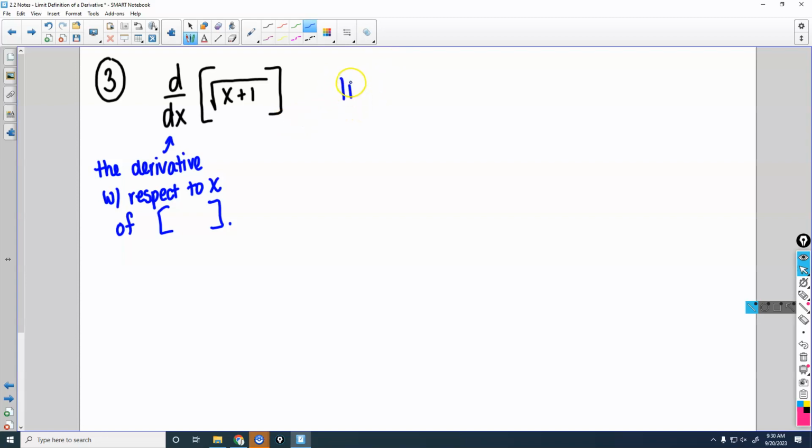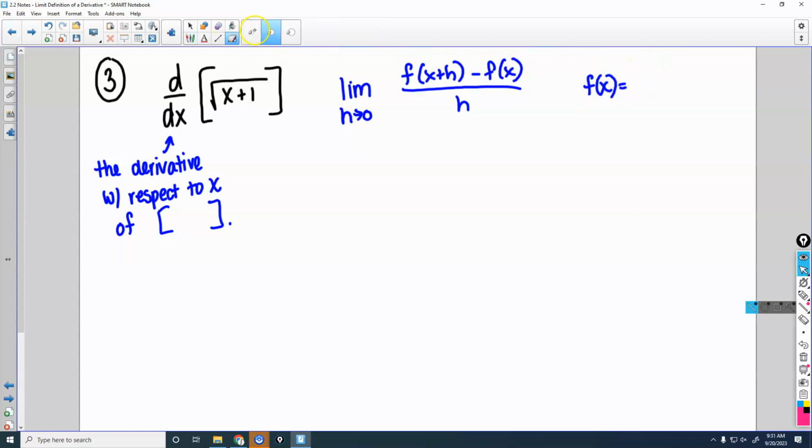So that limit definition, limit as h approaches 0 of f of x plus h minus f of x over h. So for this problem, this one is harder to solve once you plug it in, but a lot easier on this f of x plus h part.